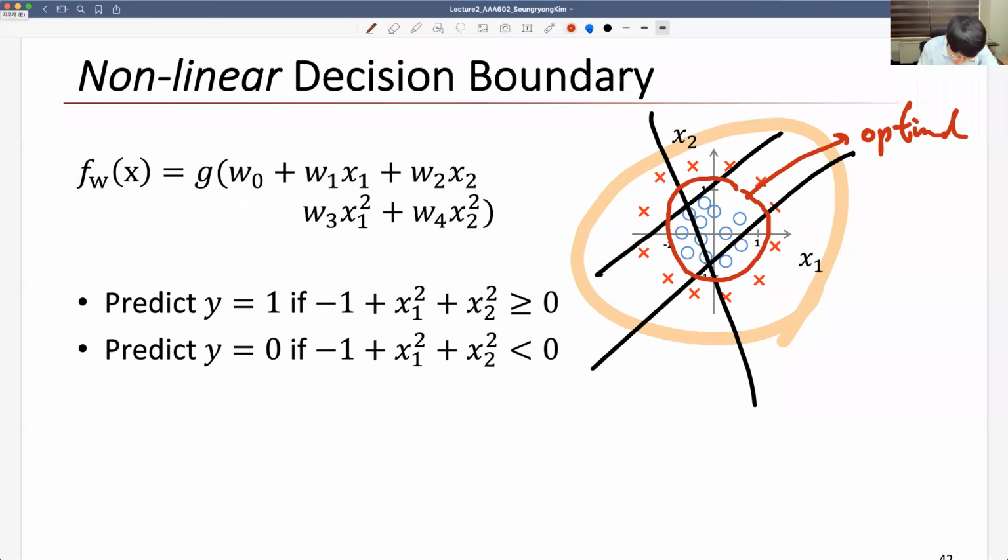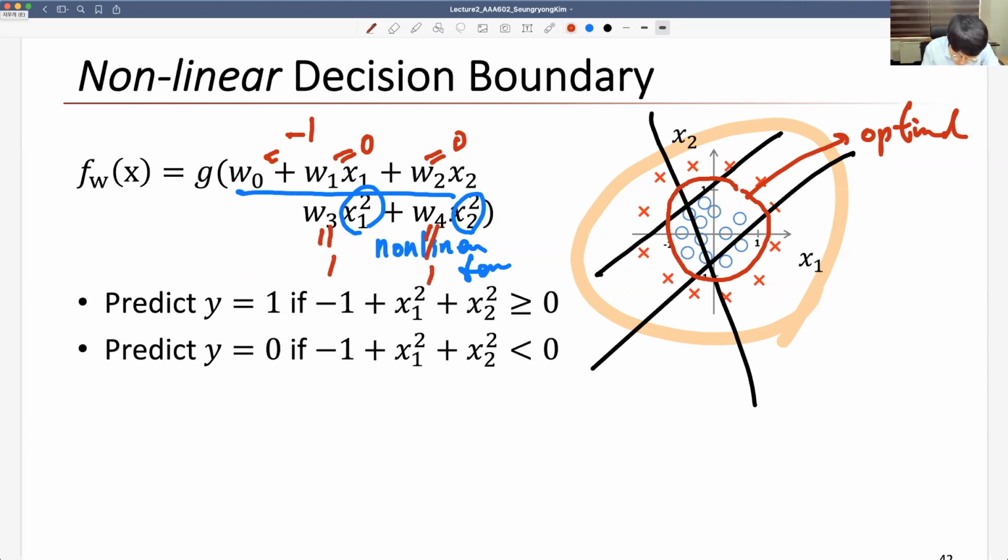So if we consider the nonlinear term, then if W0 is equal to -1, W1 is 0, W2 is 0, and W3 is equal to 1, W4 is equal to 1, we can define the new criteria to classify the samples, something like this.